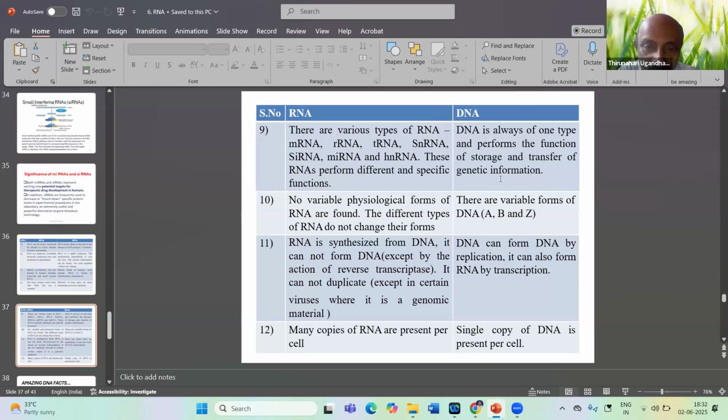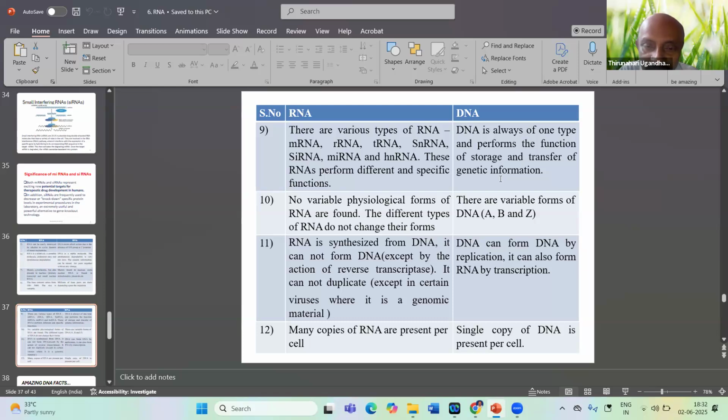No variable physiological form of RNA is found. The different types of RNA do not change their forms; the form is stable. There are variable forms of DNA: A, B, and Z. It can be changed. But RNA is synthesized from DNA.